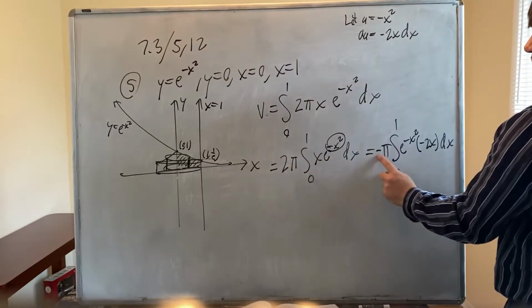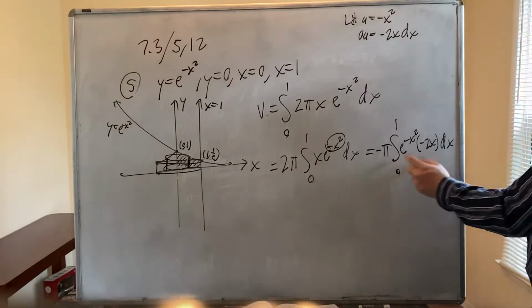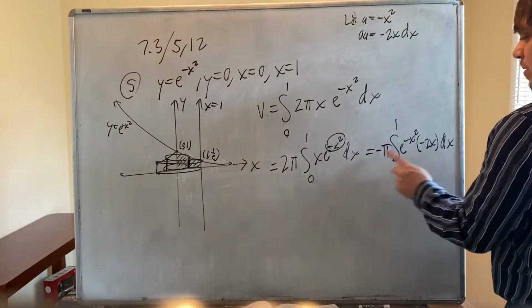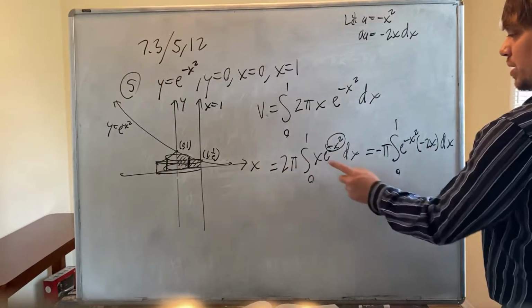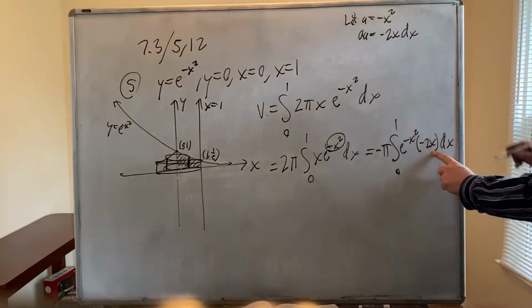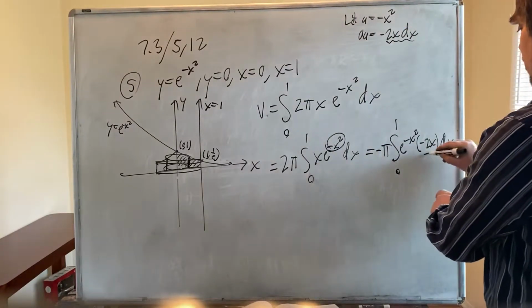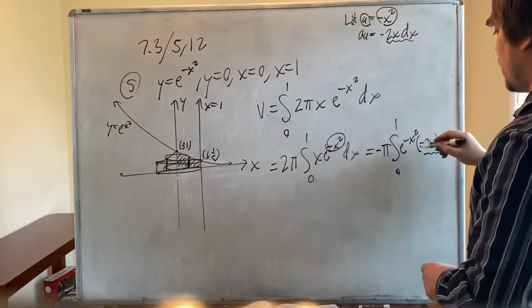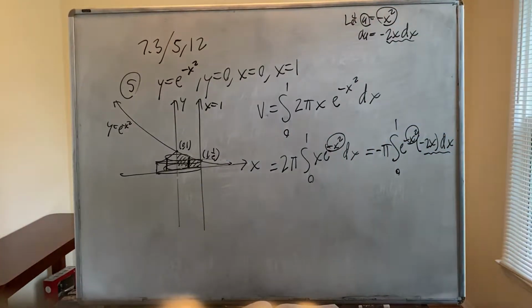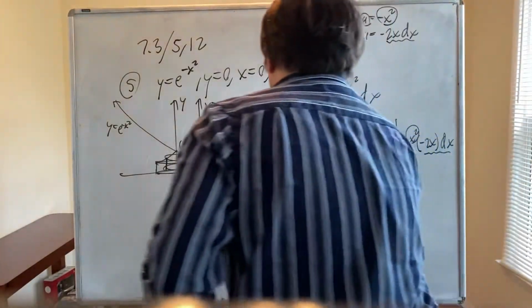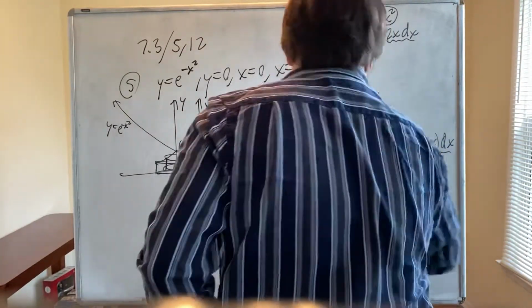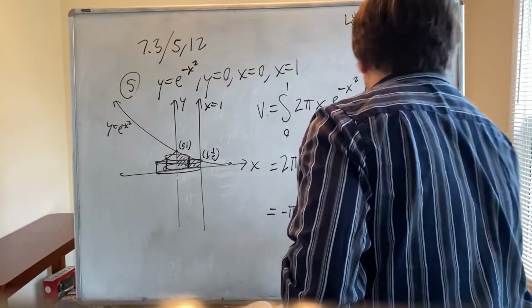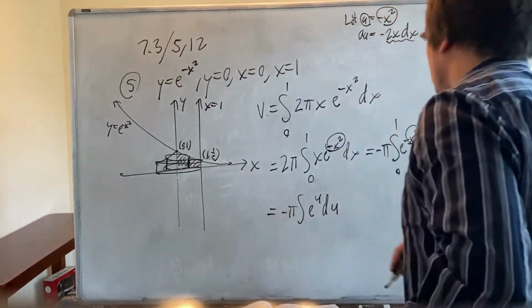So I add a negative sign outside and inside, and now I have negative 2x dx. That's du. So this I can replace with du, and I can replace the negative x squared with u. This equals negative pi times the definite integral of e to the u du.